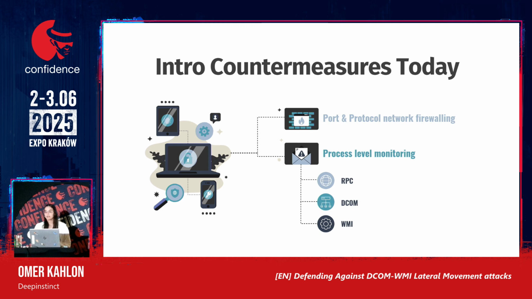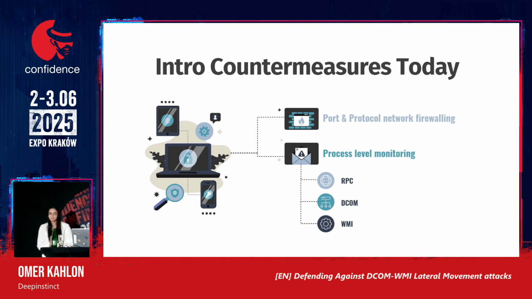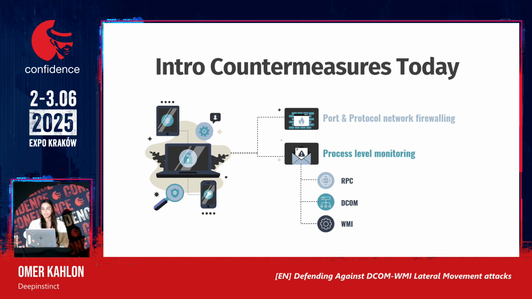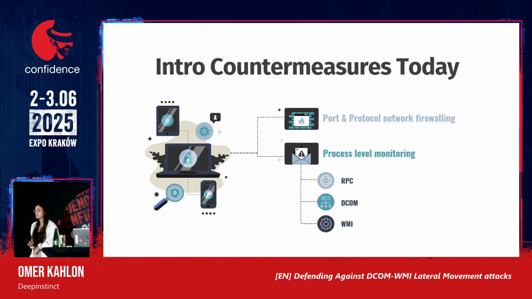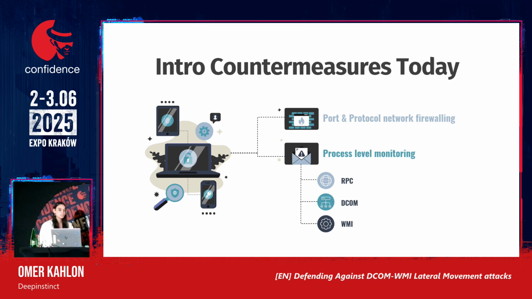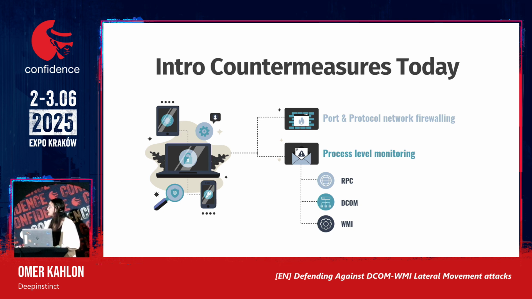So this second part of the introduction presents countermeasures that exist today that can handle lateral movement attempts. The first method is port and protocol network filtering. According to this approach, we should block any network traffic that is associated with lateral movement attempts. This approach involves blocking specifically protocols that are commonly used in such attacks.